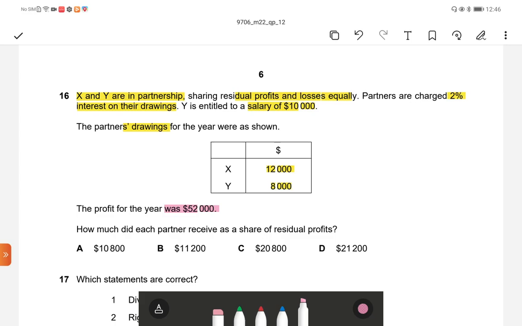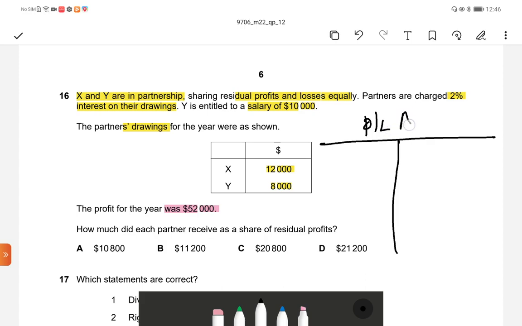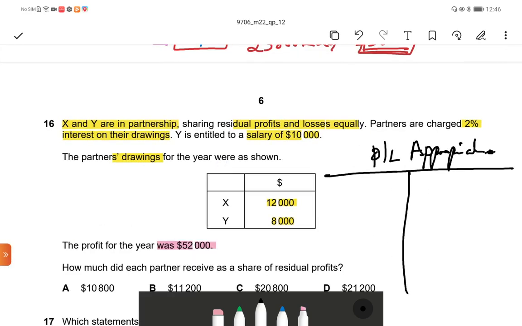So we have to draw one profit and loss appropriation account. Profit and loss appropriation account is in the view of the partnership firm. What is increasing the profit of the firm, you enter on the credit side; decreasing on the debit side.